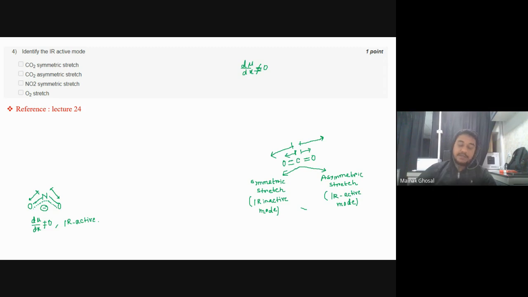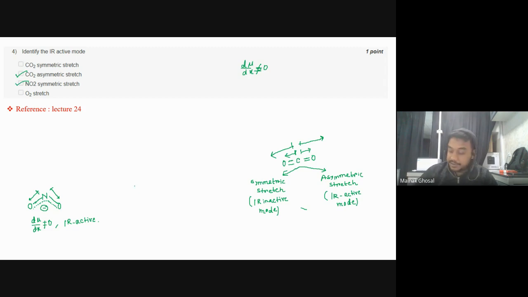If you stretch the two NO bonds symmetrically, the dipole moment will change because it is a resultant of these two different dipole moments. So it will also be IR active. So I have got two IR active modes: this one is not IR active, this is IR active, and this is another IR active.